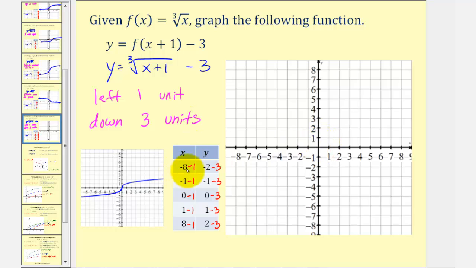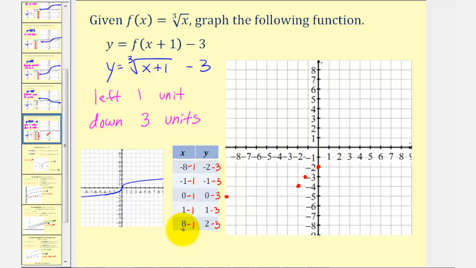Here we have the point negative 9, negative 5, which would be here. And we have negative 2, comma, negative 4. And then we have negative 1, comma, negative 3. And then we have 0, comma, negative 2.